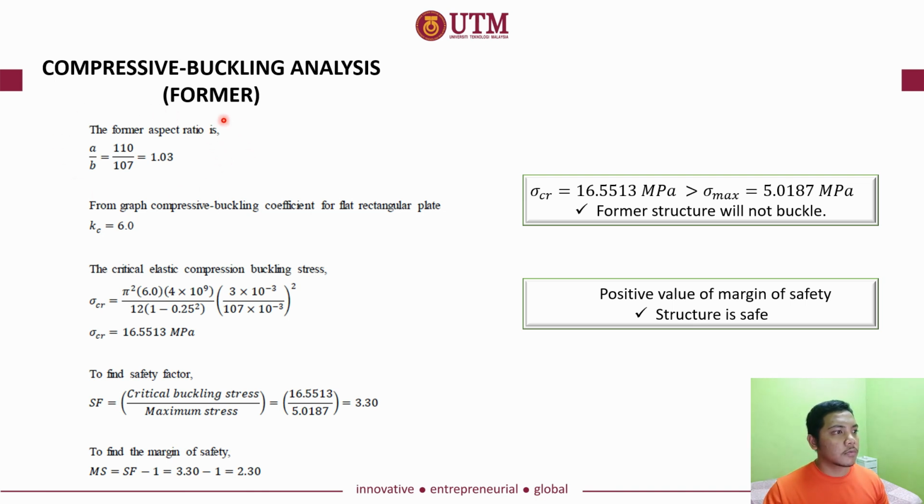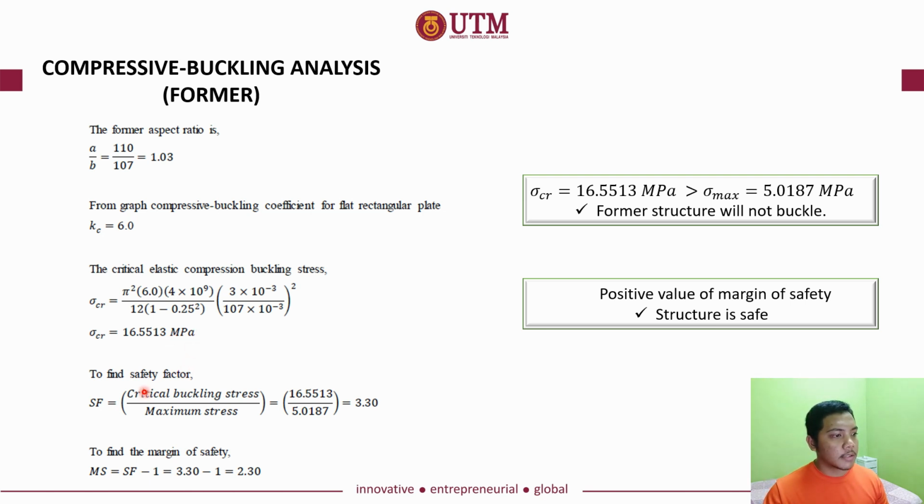First we calculate the aspect ratio of the former, and then from the compression buckling coefficient graph, which we can find from the Brun, we get the value of Kc and substitute all the values into the equation, and we get the value for the critical compressive stress.